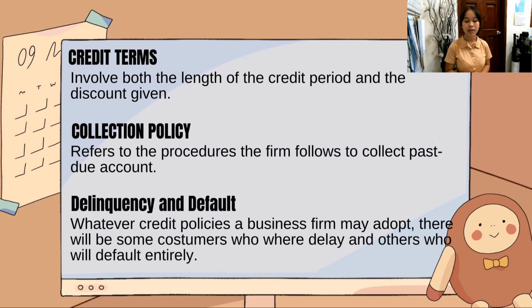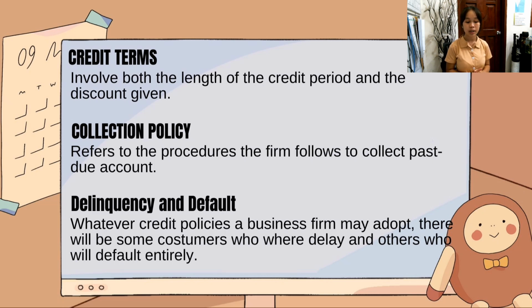Credit analysis is instrumental in determining the amount of credit risk to be accepted. In turn, the amount of risk accepted affects the slowness of receivables and the resulting investment in receivables, as well as the amount of bad debt losses.